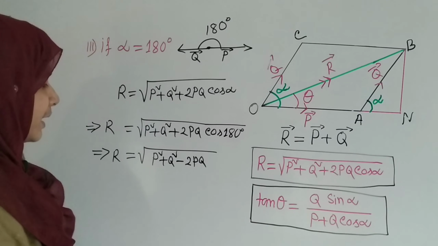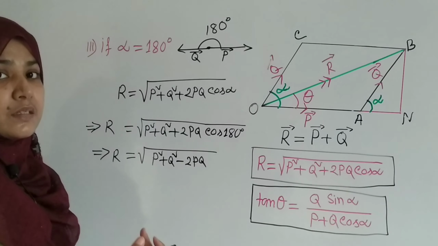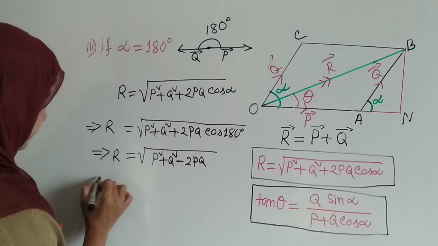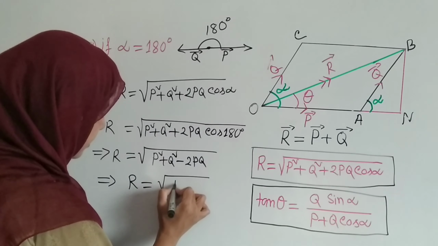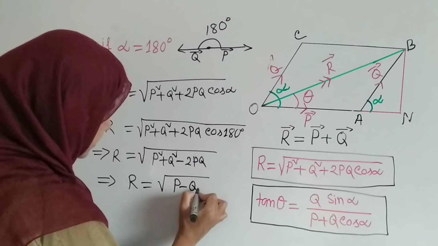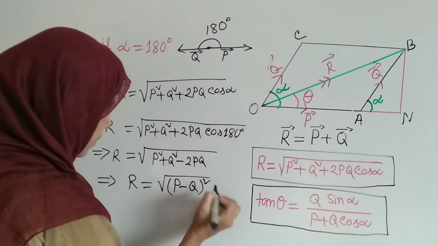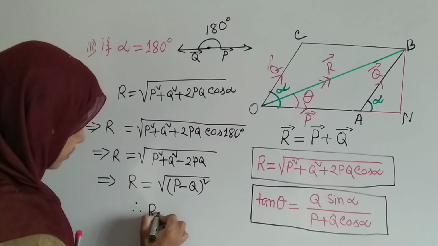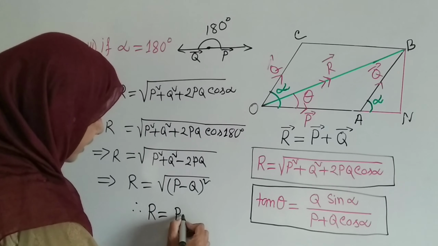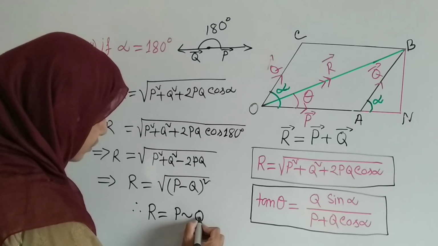So instead of (a minus b) whole square we can write (P minus Q) whole square. R equals root over (P minus Q) whole square. So the value of resultant R equals P variation Q.